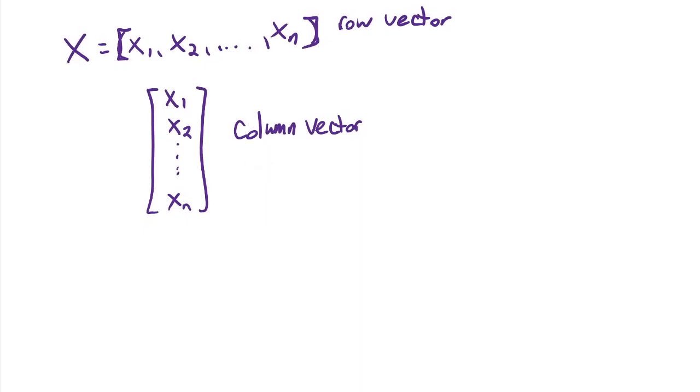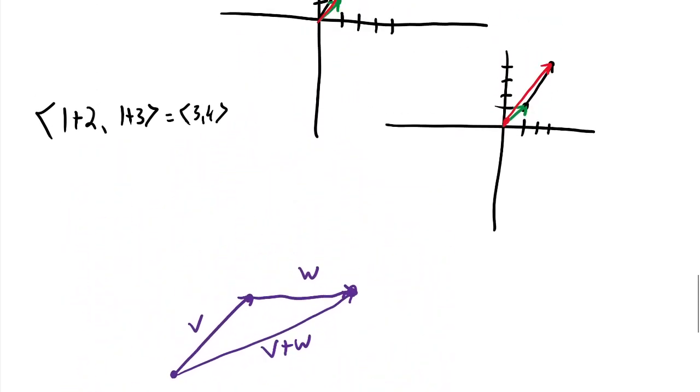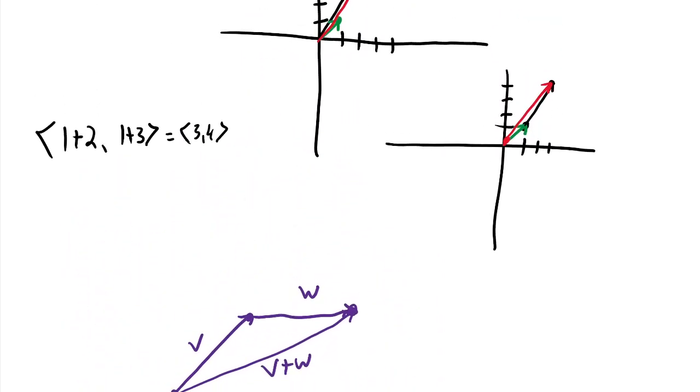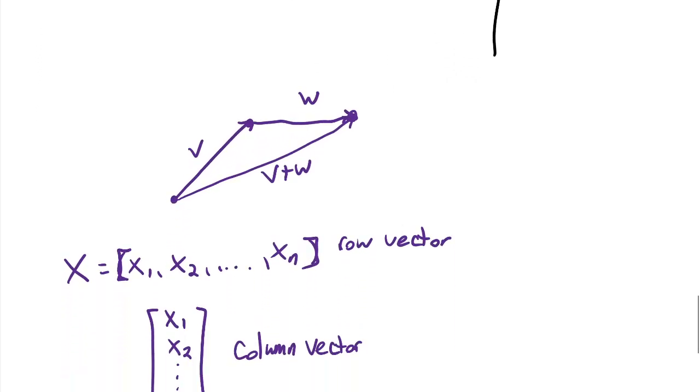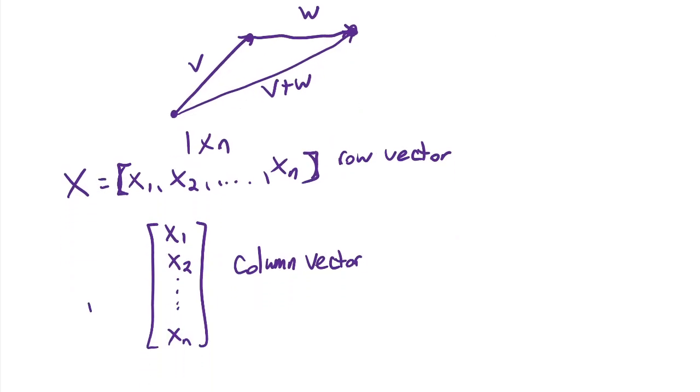Using it in this form, we see that vectors are really just kind of matrices. They're very similar to matrices because they are matrices. This one is a 1 by n matrix, and this one is an n by 1 matrix.